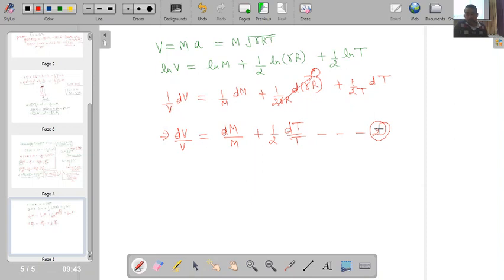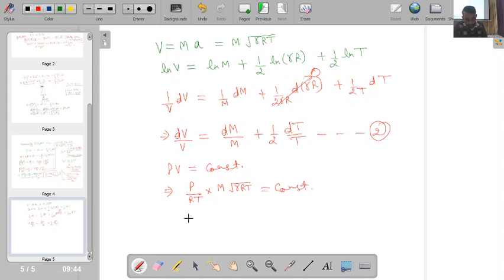Let me now also try to calculate dP by P. We have seen from the continuity equation that rho into V is equal to constant. Using the ideal gas assumption, I can write rho as nothing but P divided by RT, and in place of V I can write simply Mach number into square root of gamma RT, and this is nothing but a constant quantity.